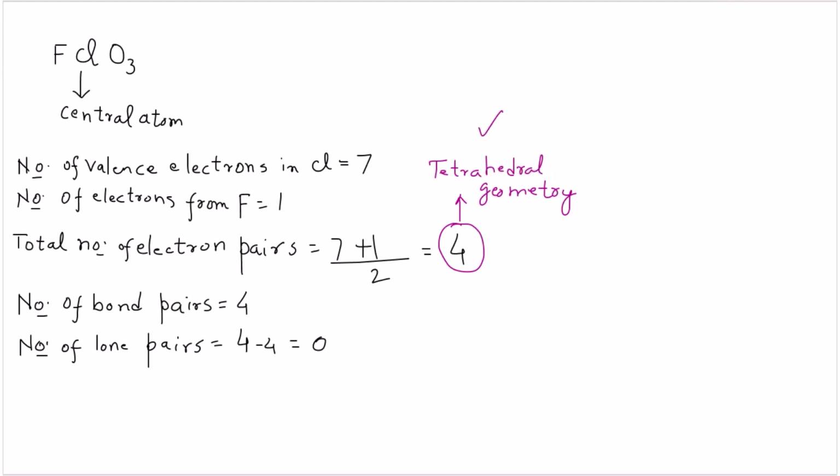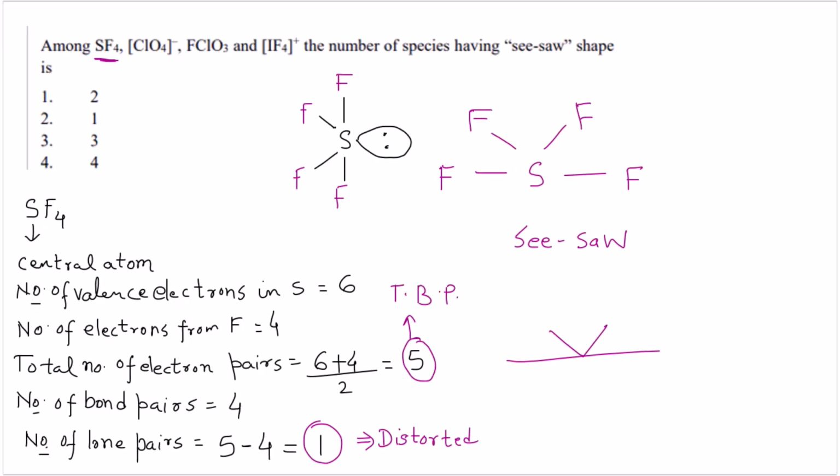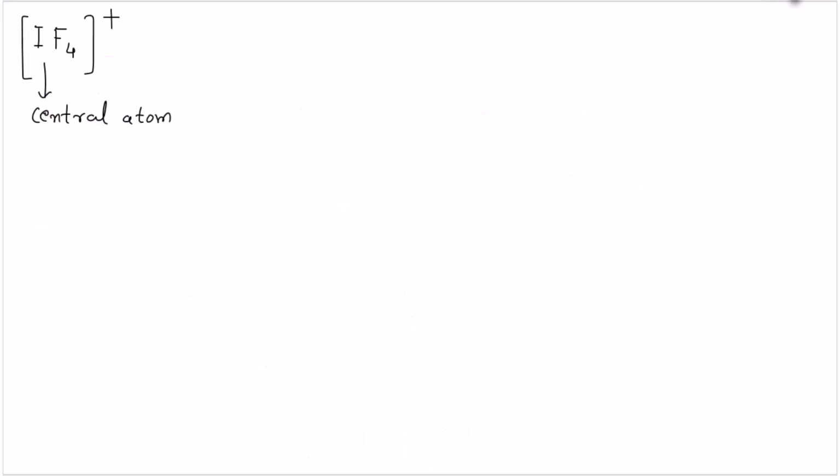Now let's move on to the next complex, which is the 4th one. So we have IF4 plus. Let's check IF4 plus. Here iodine is the central atom, and the number of valence electrons in iodine is 7, belonging to the 7th group. And how many electrons are contributed from the bonded atoms? We have 4 fluorine atoms, so 4 electrons.